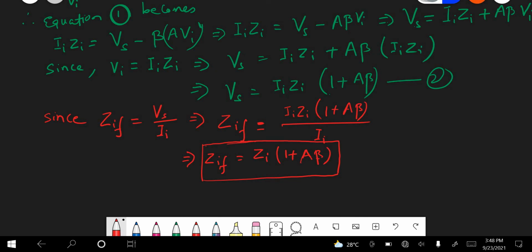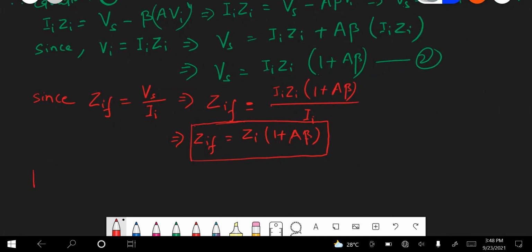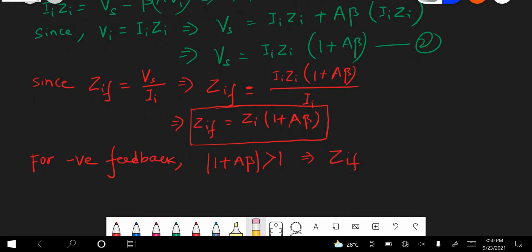Now for negative feedback, we know that 1 plus A beta is greater than 1. So Zif becomes greater than Zi.